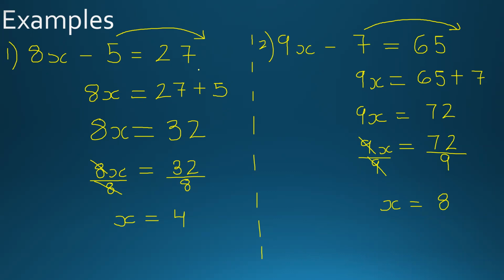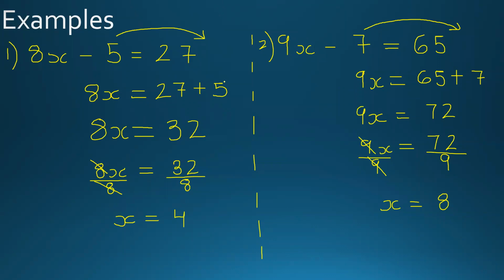Deandra, explain number 2 for me, please. Okay, so in number 2, we carry over the -7, which became a +7 now.